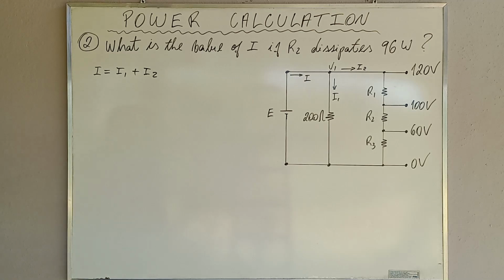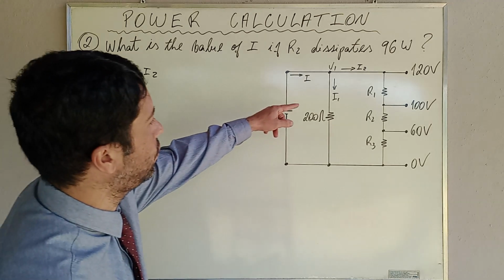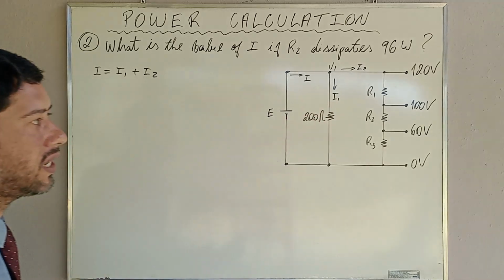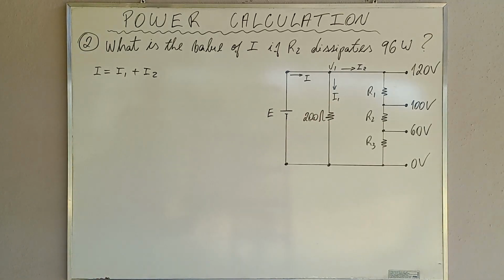We can calculate I1 directly, but we cannot calculate I2 directly, as the values of R1, R2, and R3 are unknown. They cannot be used to determine I2. Instead, we use the voltage drop across R2 and the power it dissipates.